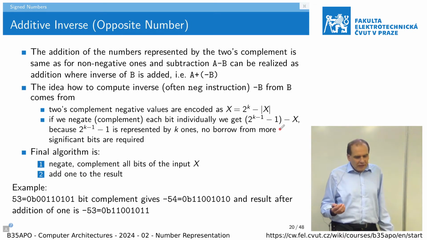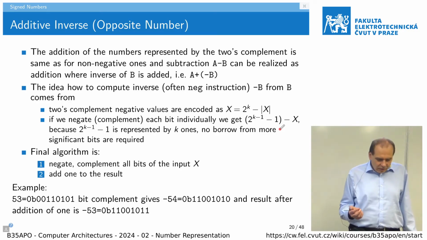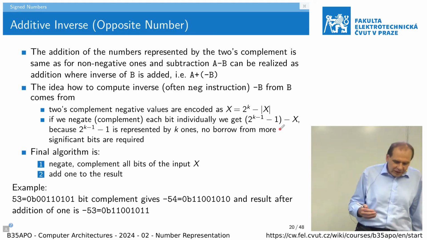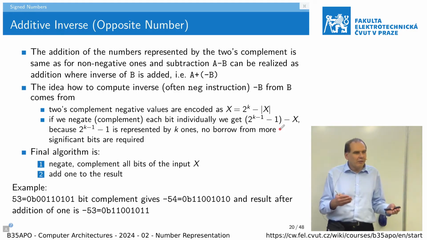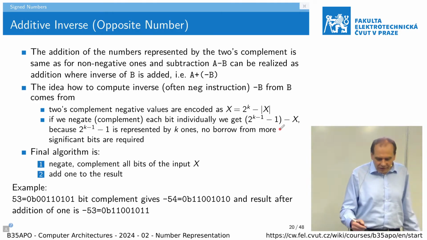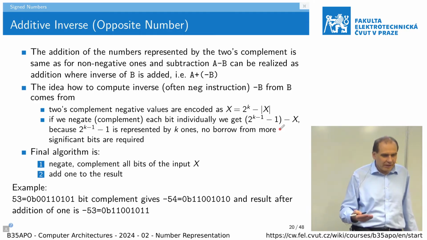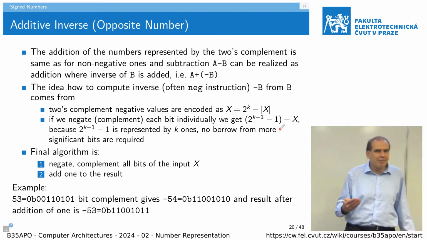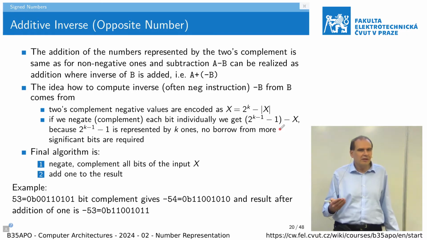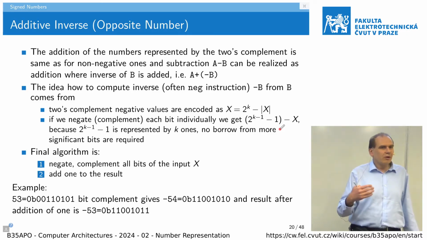If we have an additive inverse or opposite number, we have already shown how we can get it. If we have some value and we want to get the opposite number, it doesn't depend on whether it is positive or negative, we can subtract it from the module.